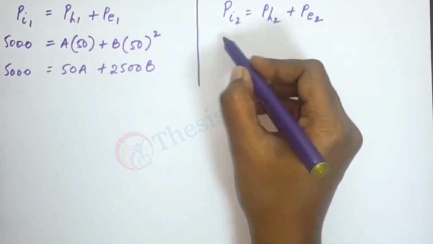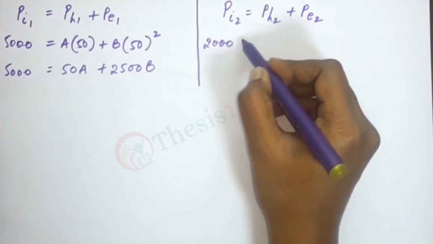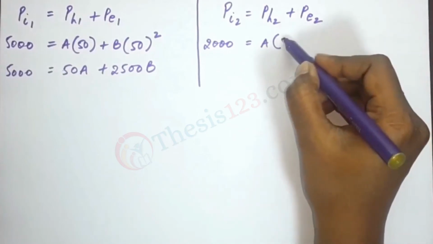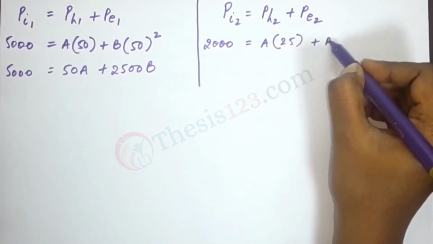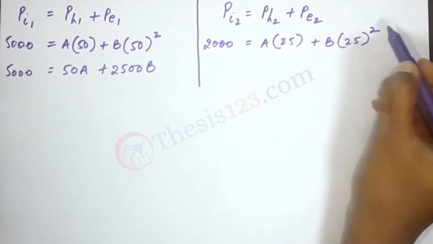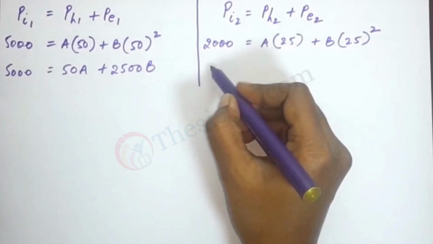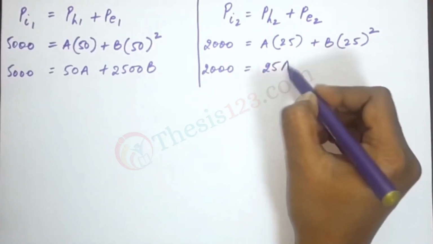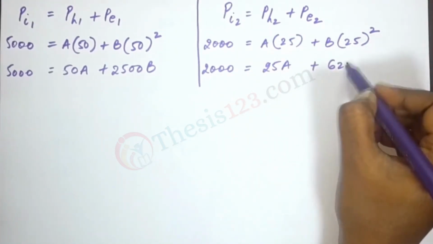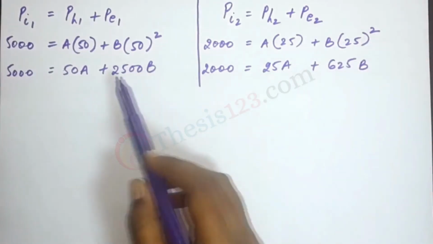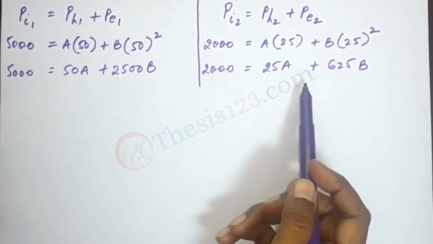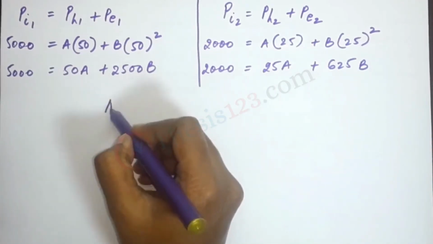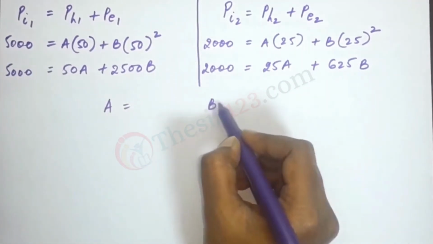Similarly, for the second equation, we write this as 2000 is equal to A into 25 plus B into 25 square. And this would give us 2000 is equal to 25A plus 625B. So we have two equations with two unknowns A and B. By solving both of them, we'll get the values of A and B.